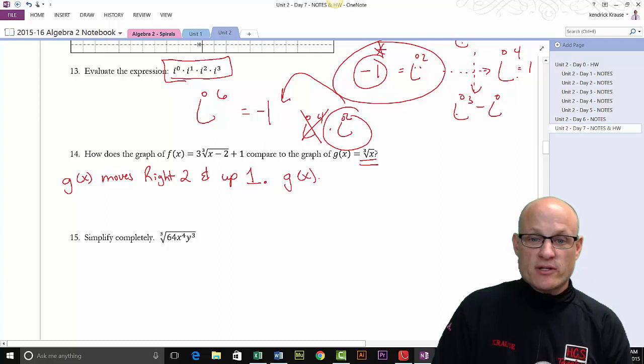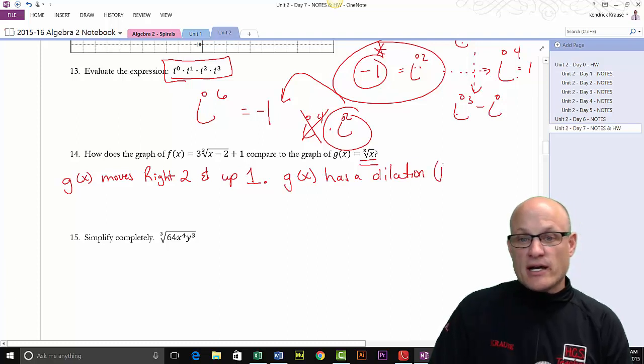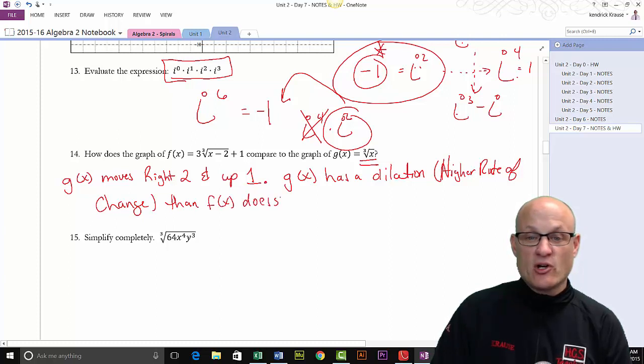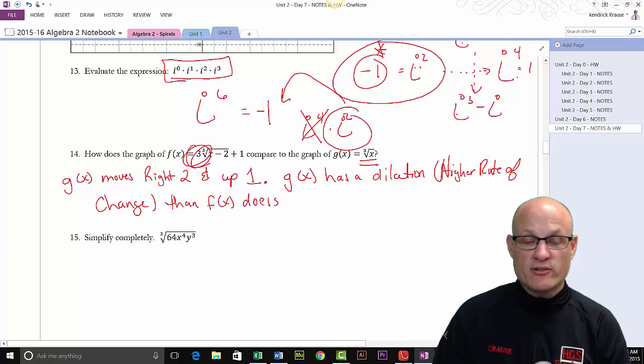G of x has a dilation, a higher rate of change than f of x does. And it's got a slope of 3, or it's got a rate of change that's 3 times as high.